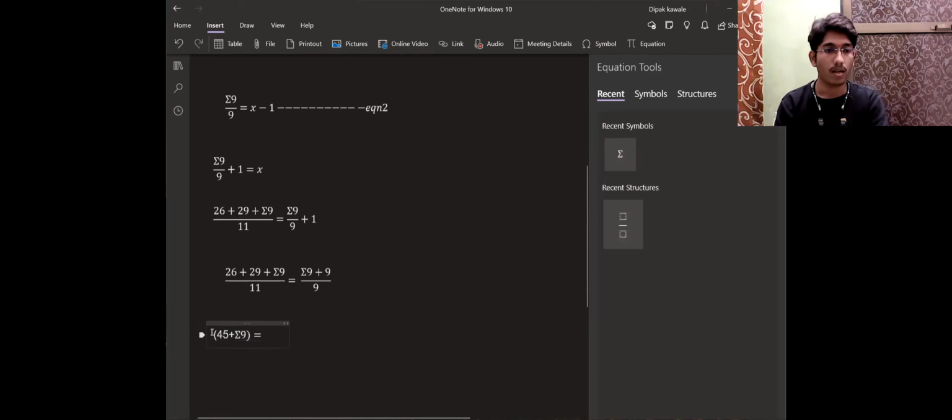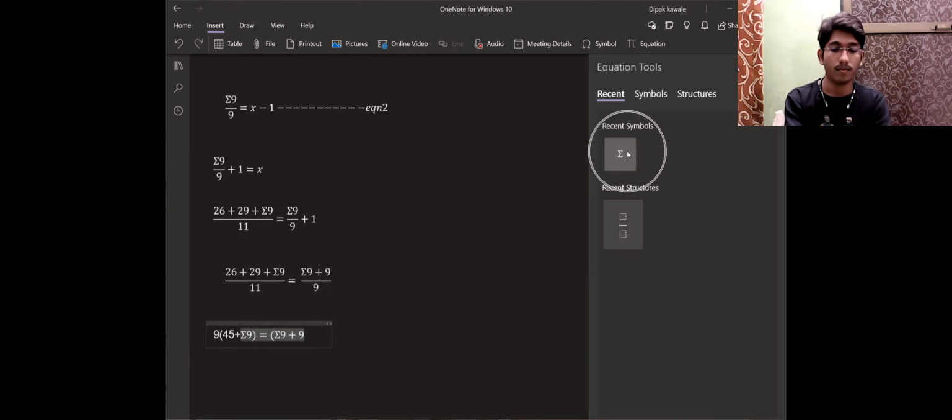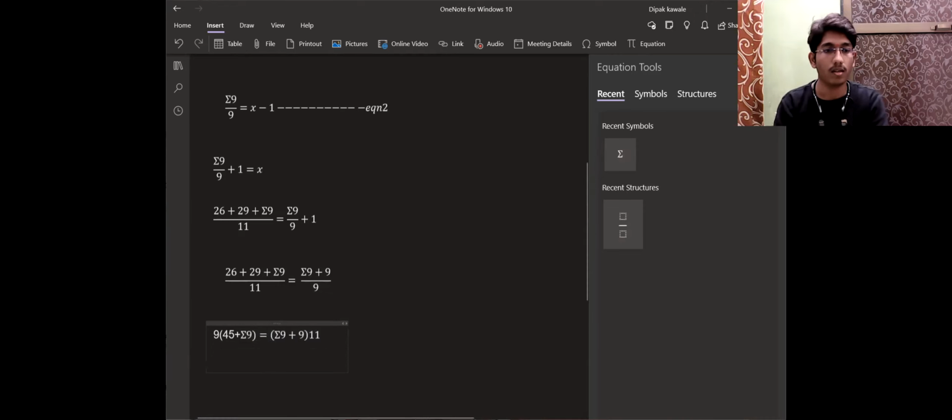By 9 we are multiplying, and here it is summation of 9 plus 9 and multiply by 11.